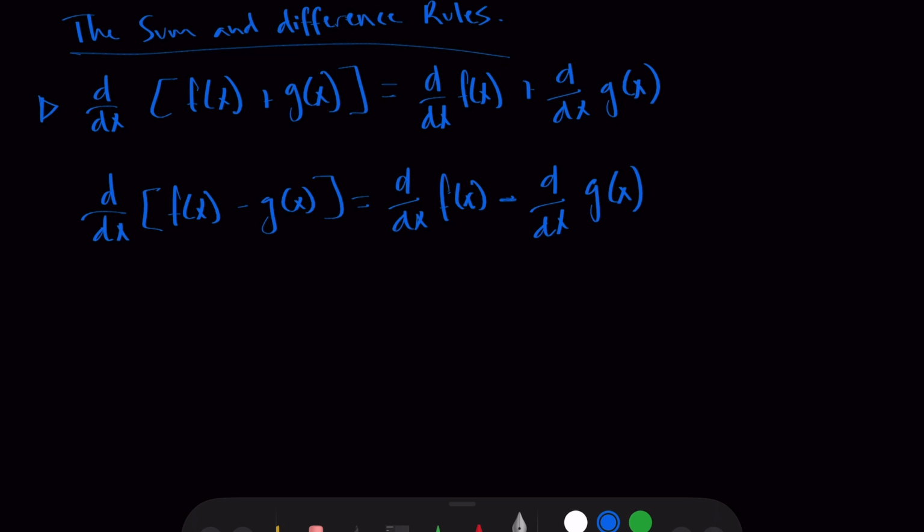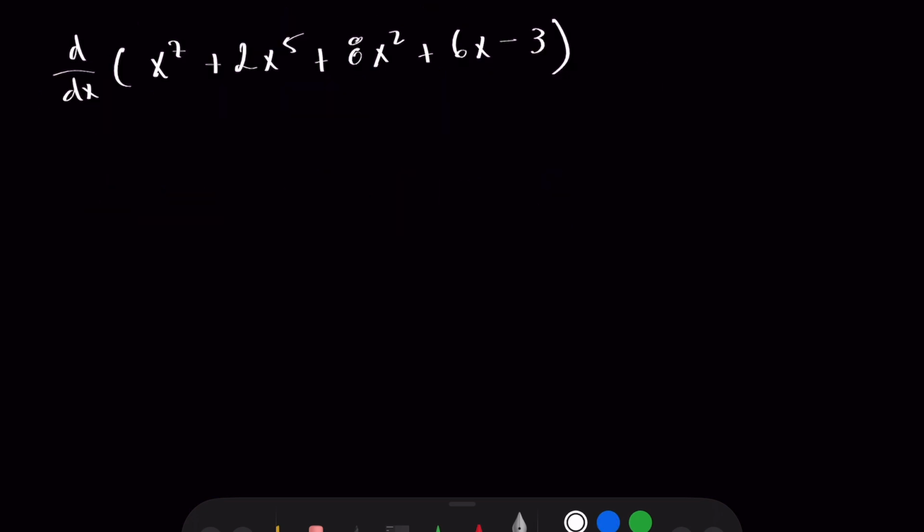So now let's take a look at an example that uses the sum and difference rules plus an additional rule, which is the constant multiple rule. Okay, so here I know we don't have to do this all the time, but this is just for us to practice and see what it means to have a derivative outside the parentheses and a long polynomial like this.